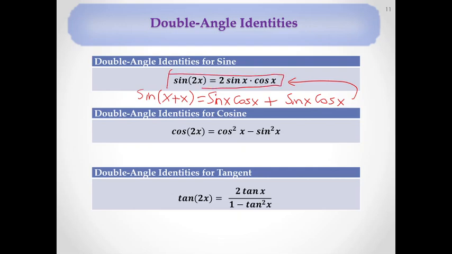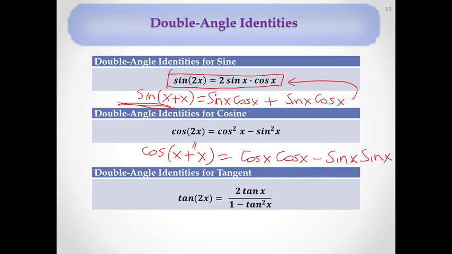So if you cannot remember it, you can apply the sum formula and you will get the formula for the double angle. For cosine, we have the same thing: cosine of x plus x, which is 2x, is cosine x times cosine x minus sine x times sine x. So it will give you cosine squared x minus sine squared x.